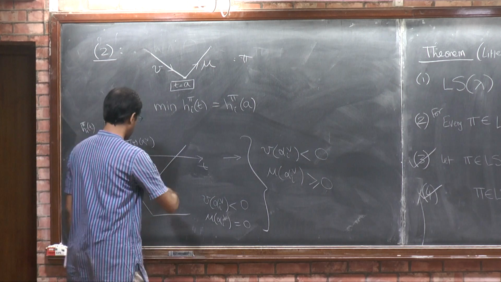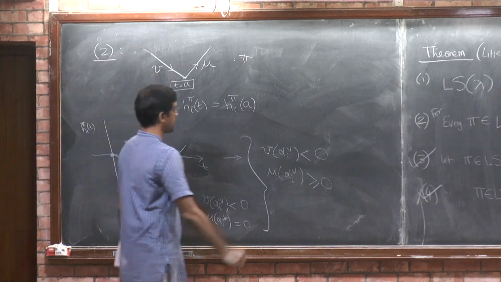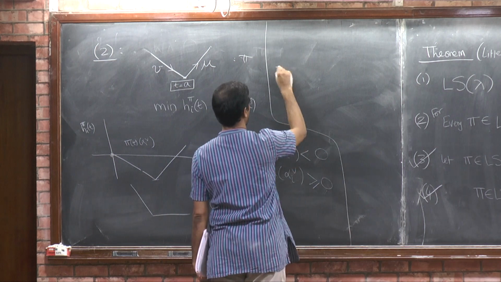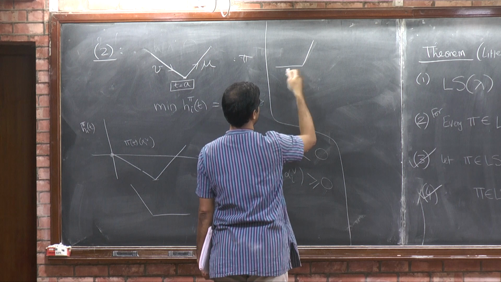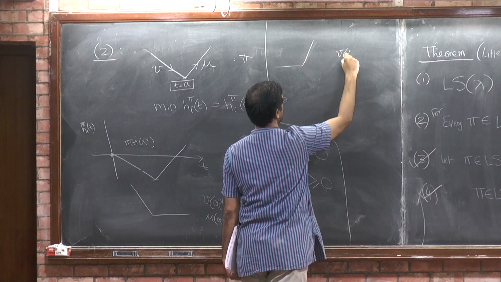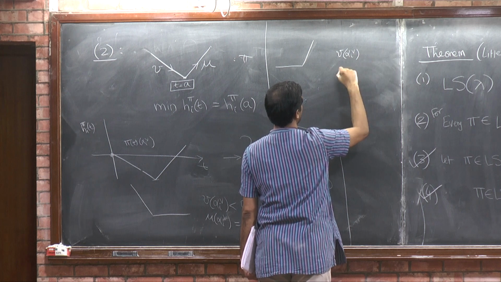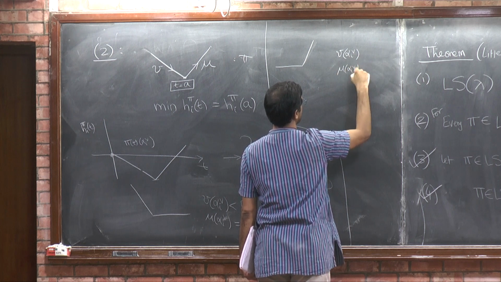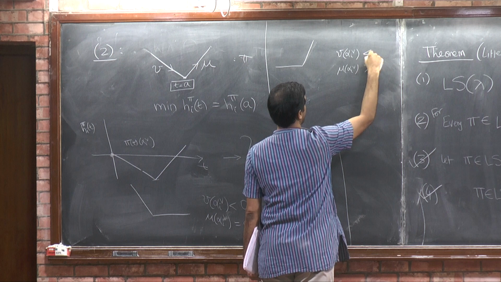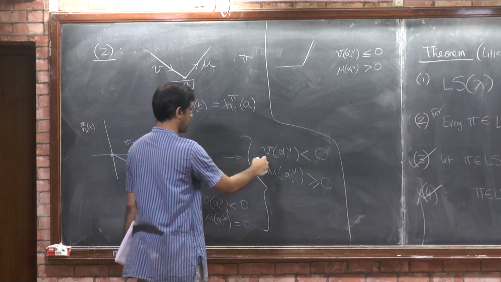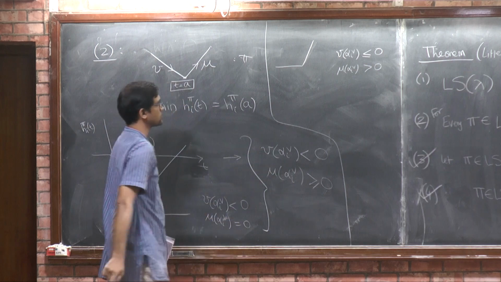Similarly, the flat part can also be here. So this is one possible configuration, or this. So this means that nu is 0 prior to the point, and mu is positive. So we'll put 0 or less than to take one of these things into account.